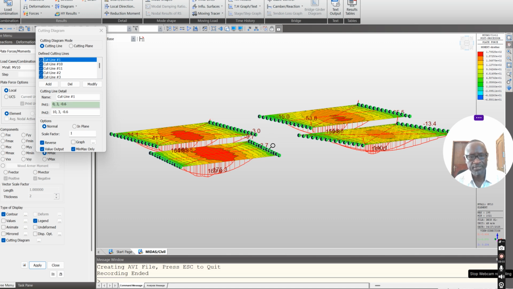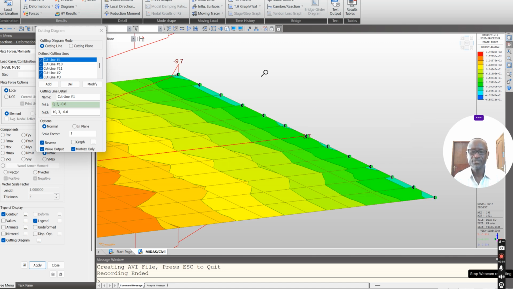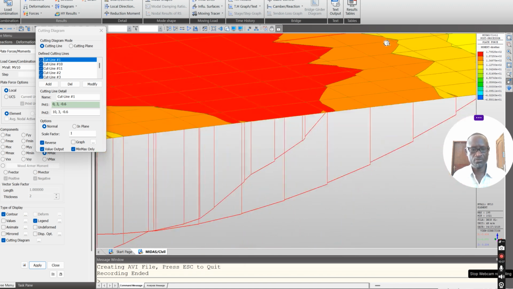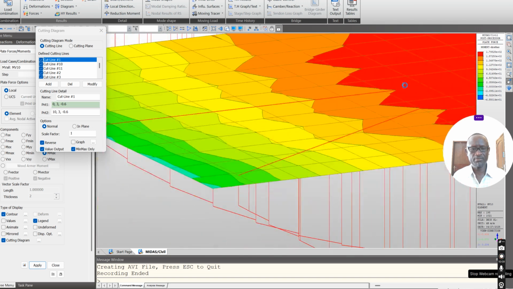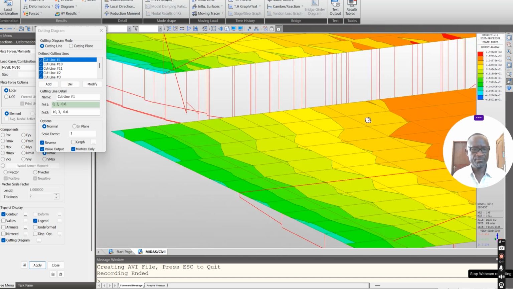You can actually see here that we have moments here. So this is diagonal, and there is also some moment here. So we have to be a bit careful, especially for this one, which is for the normal. More so it is actually bending which happens.